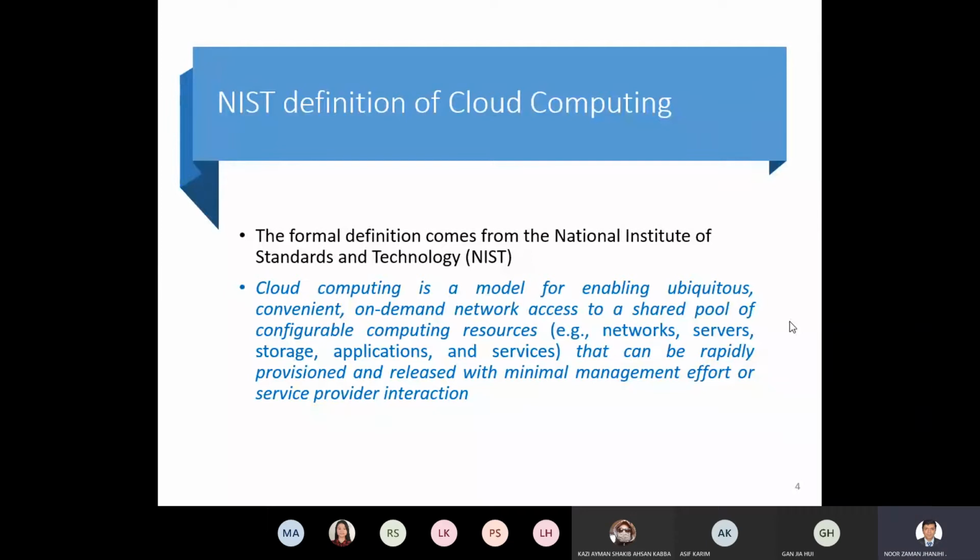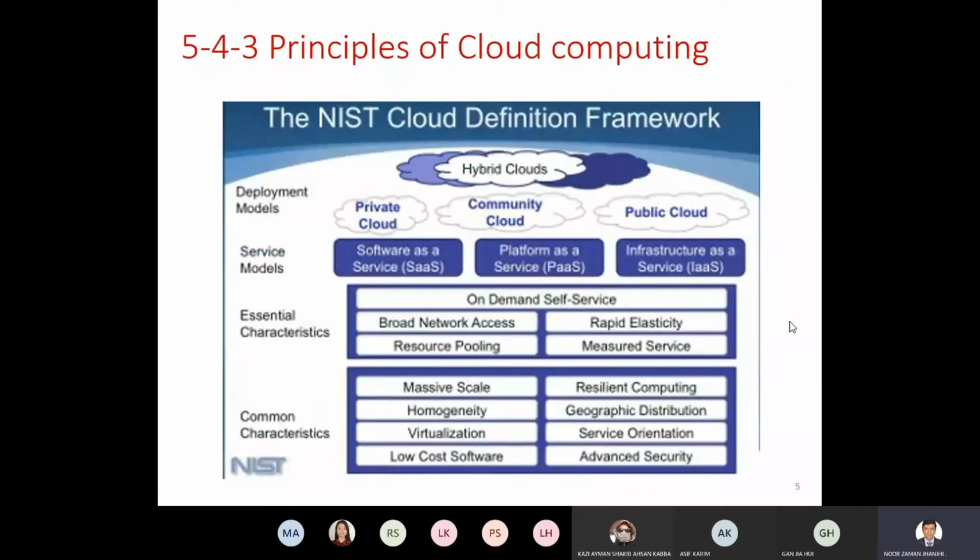And those can be rapidly provisioned and released with minimal management effort and within a small amount of time. So this is the concept by the NIST for cloud computing. We can see that the same definition still seems to be there, and a few more things are also there. What are those more things? You will be able to learn them with time.